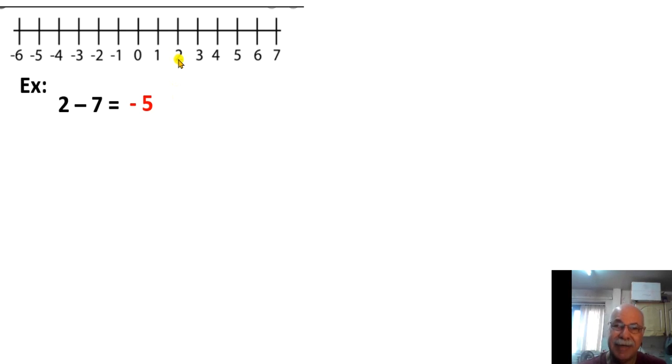This 2 minus 7 is decrease, meaning decrease, not increase, decrease. I subtract 2 minus 7, 1, 2, 3, 4, 5, 6, and 7. That's why it becomes here.